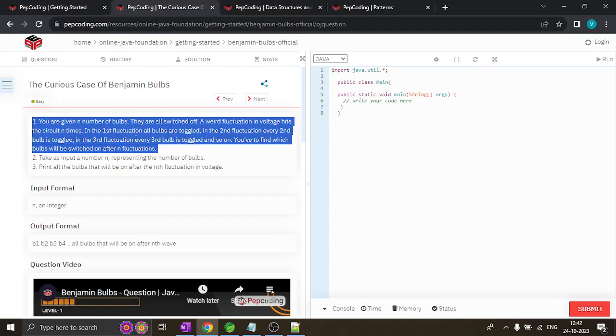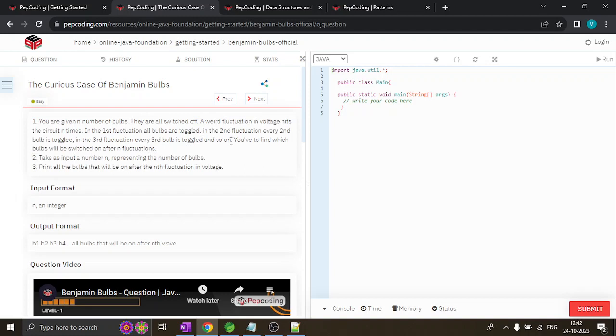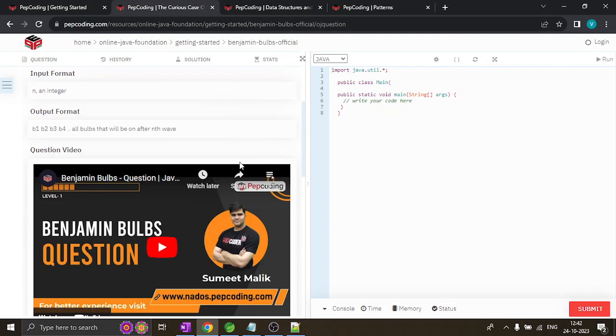In the third fluctuation, every third bulb is toggled, and so on. You have to find which bulbs will be switched on after n fluctuations. Take as input a number n representing the number of bulbs. Print all the bulbs that will be on after the nth fluctuation.